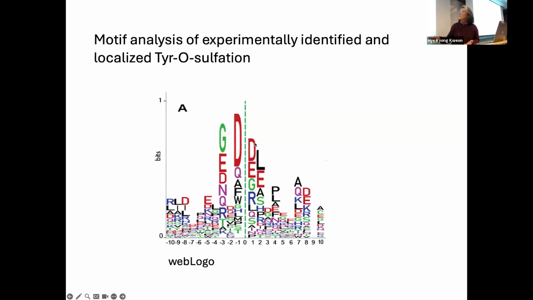And other than the acidic, there's not really a specific motif. Phosphorylation has very specific sequence motifs for each kinase, but sulfation does not give that specific motif other than this generally acidic moiety.